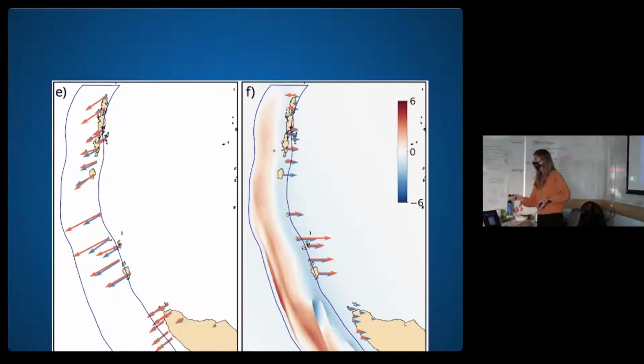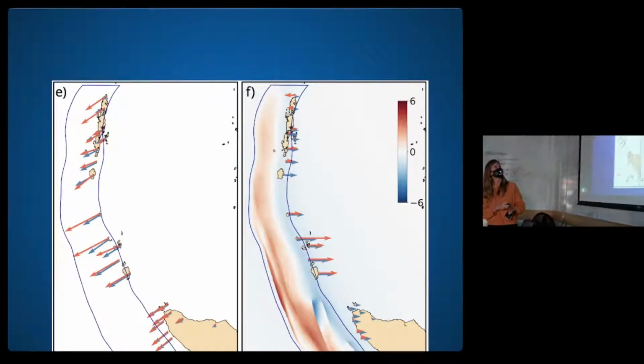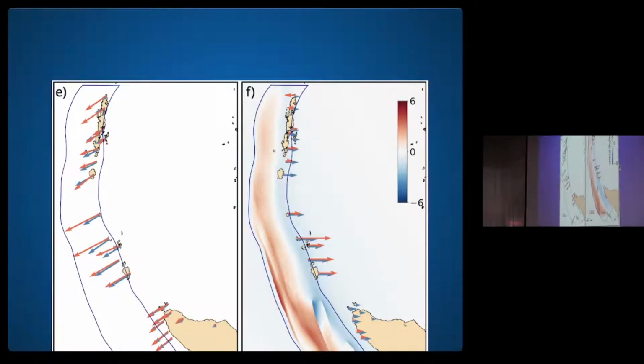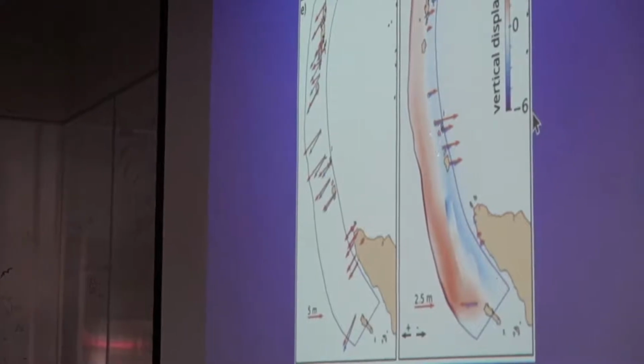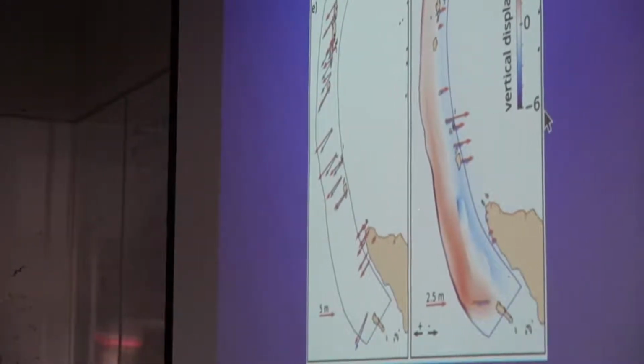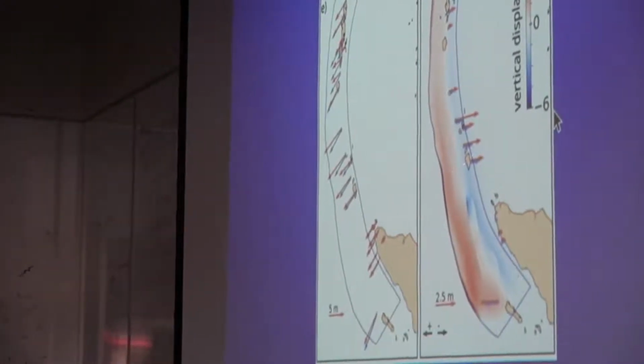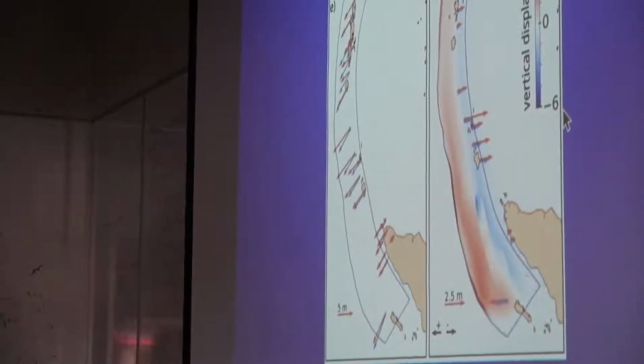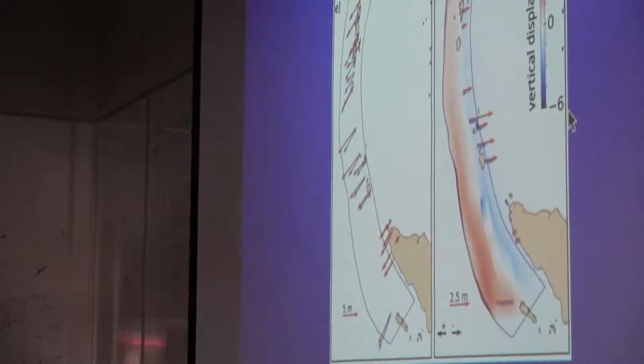Yeah, Lou. I'm just trying to understand. On the image on the right, what's the difference between the red watercolory type stuff and the red arrows? The blue are the data at GPS stations showing vertical motion, and the red is the model. This is model results. We don't have data everywhere.